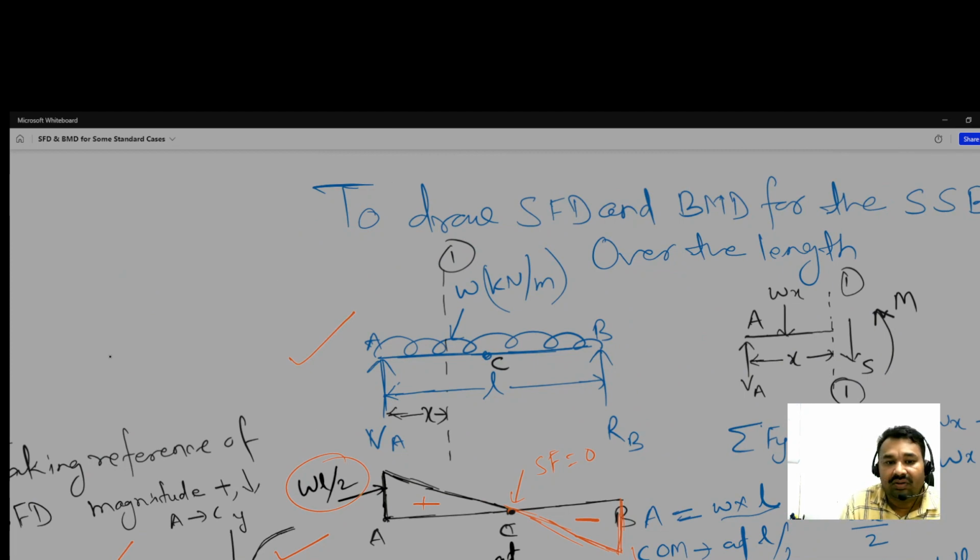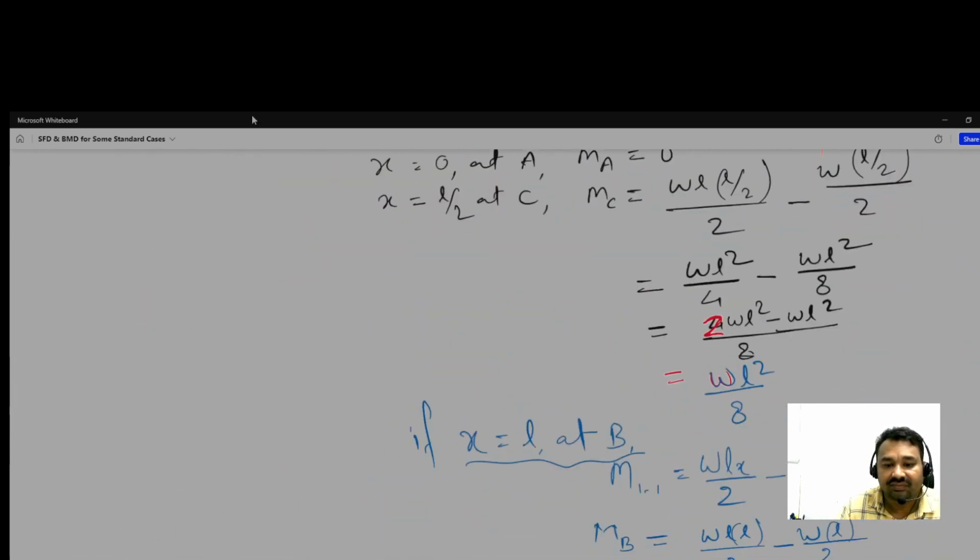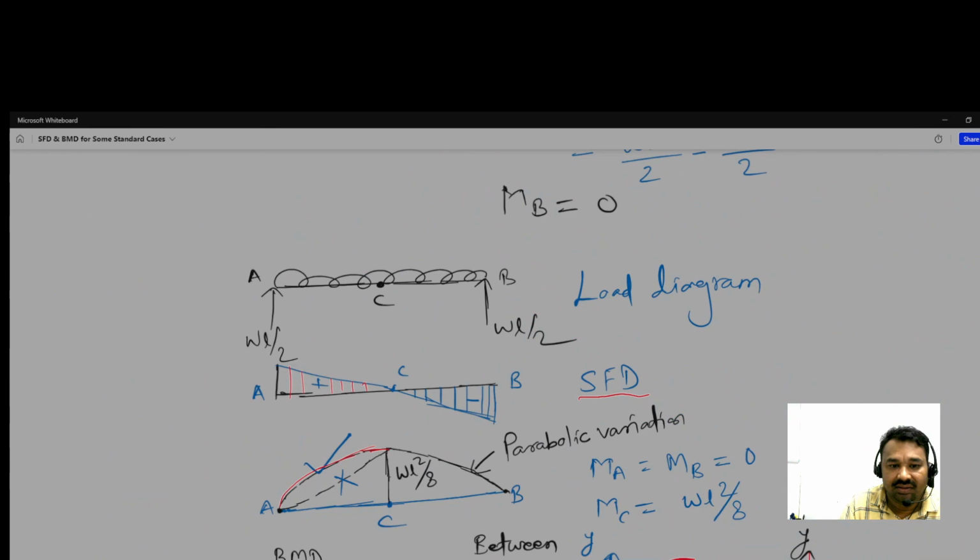Firstly we have to know the support reactions, then we need to do the shear force calculation and the bending moment calculation. However, as per our observation, we can draw the shear force diagram and the bending moment diagram like what I did here. Okay, upper side triangle and below side triangle for the SFD, and for the BMD this parabolic curve.